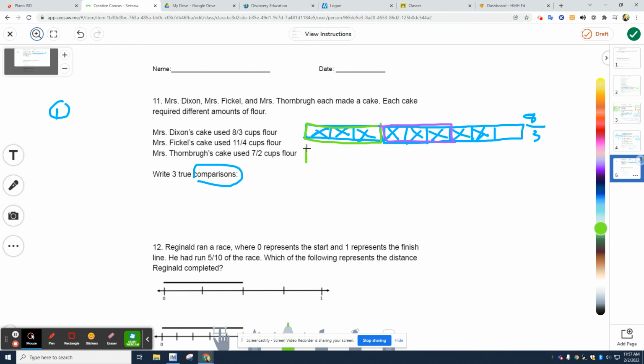Next one, Mrs. Fickle. She had 4ths, but I still need to make some of these so I need to make sure that whatever I draw, I can tell the difference between the wholes. So this is 4ths. So I'm going to divide these into 4ths.